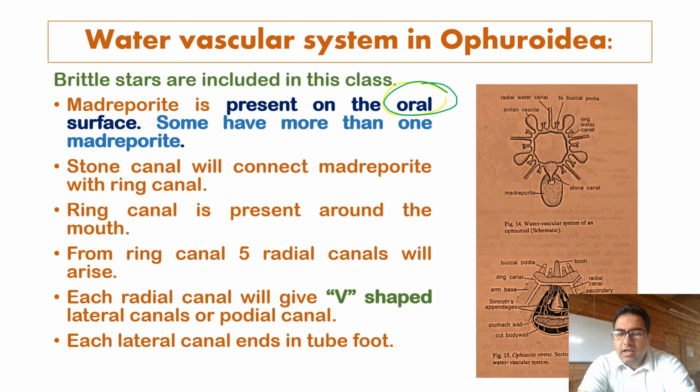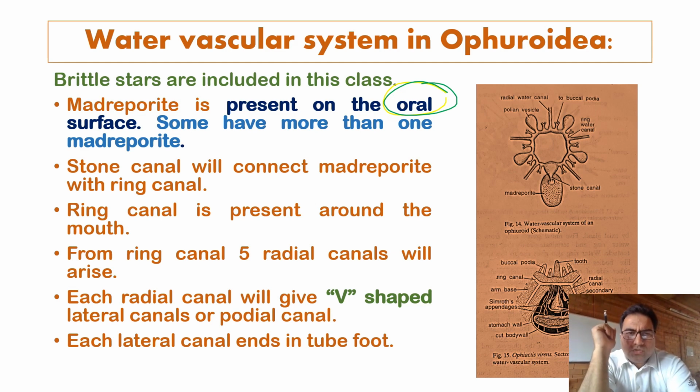In the case of Ophiuroidea, it is present on the oral surface. This is important from the objective question point of view. Some have more than one madreporite as well. So it is not only one madreporite which can be present in the case of Ophiuroidea, but there can be many as well.